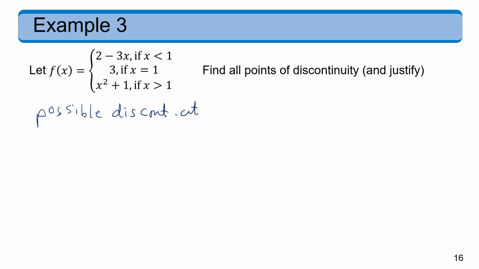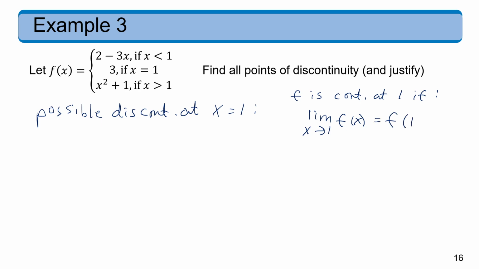So we have to justify this using the definition of continuity. So the definition, we would say f is continuous at 1 if, and this is the definition, so you'll need to make sure you know this definition, the limit as x approaches 1 of f of x equals f evaluated at 1.